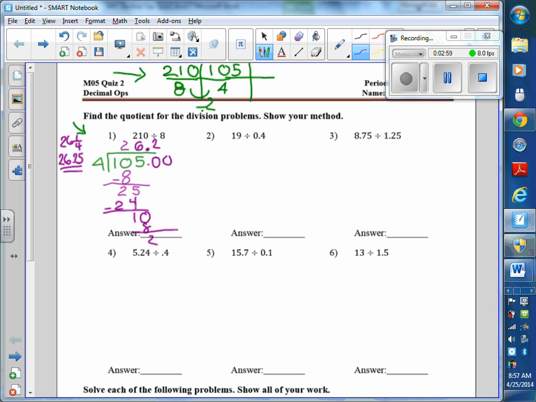So I bring down another 0, and 4 goes into 20 five times, and I get 20 take away 20, so I'm done. But if you recognize the benchmark fraction, you finish 2 steps earlier. So much nicer. That's the thing about knowing your benchmarks. Your choice, but it might be easier.